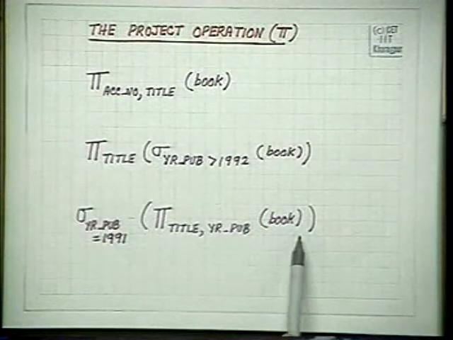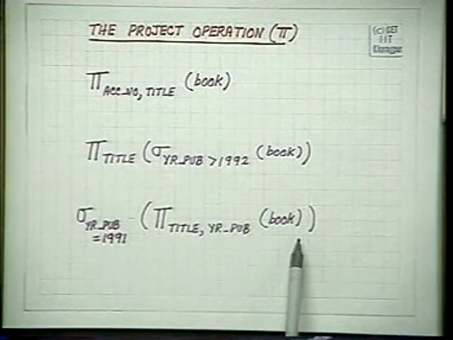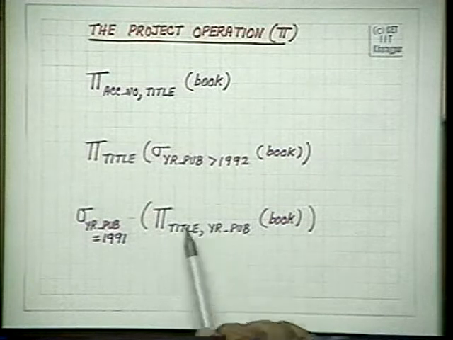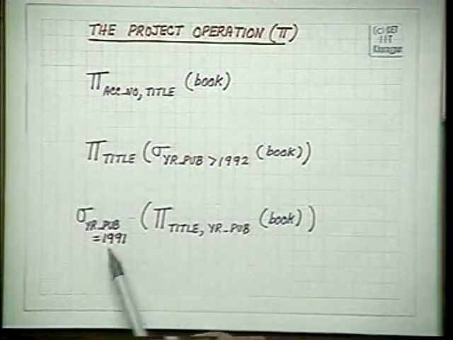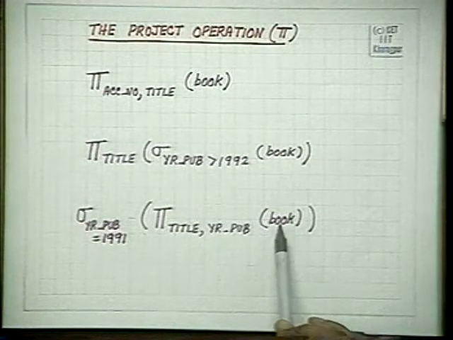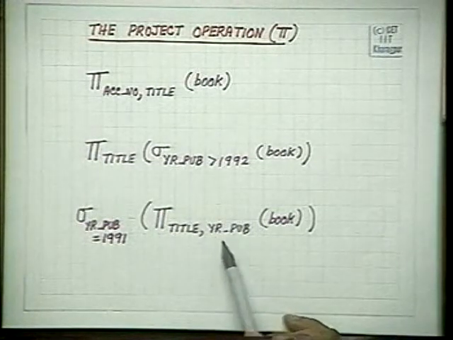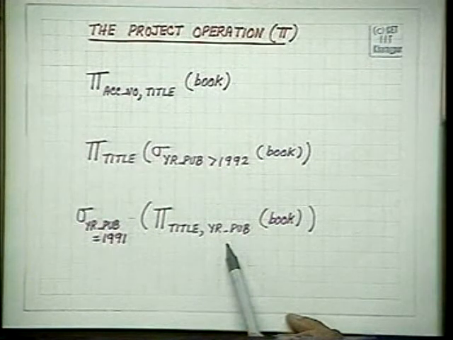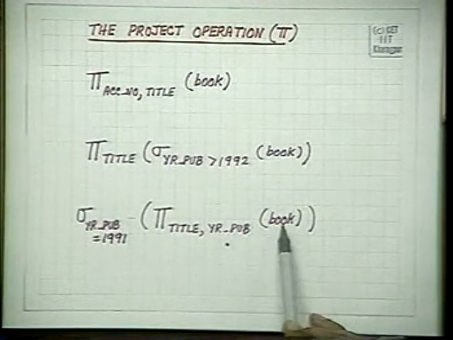In this one, on the other hand, it does a project first and a select later on. So it projects out only the title and the year of publication attributes of a particular book.